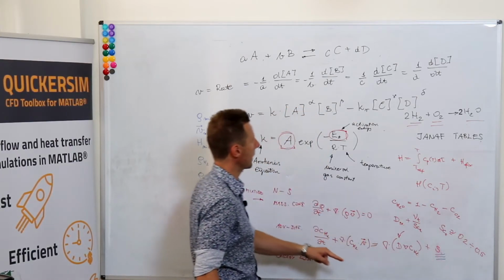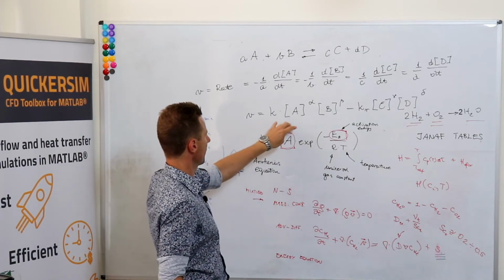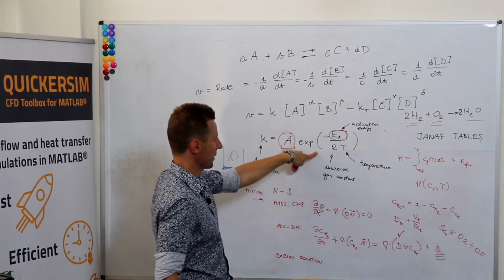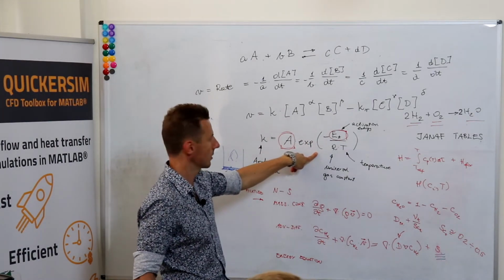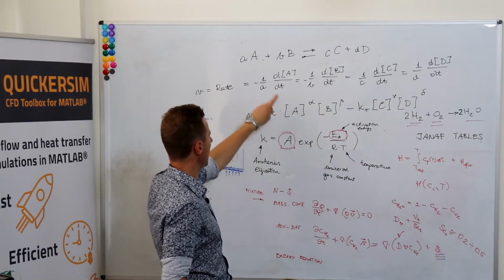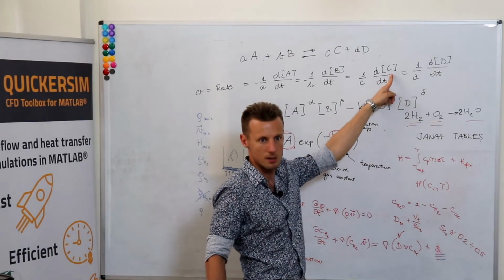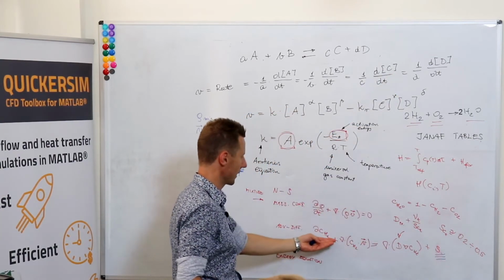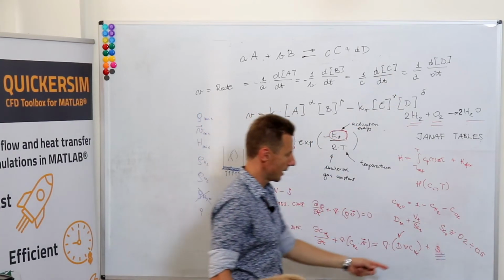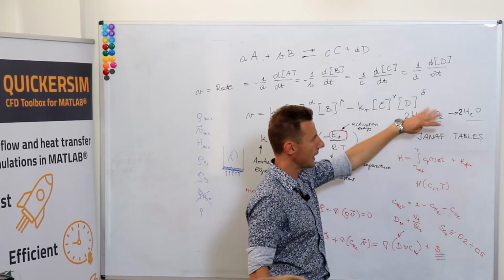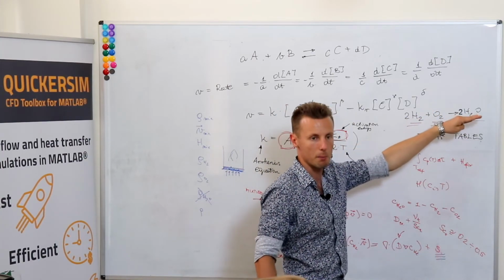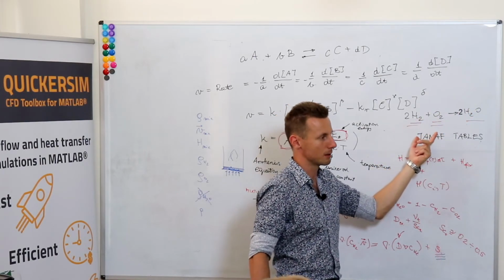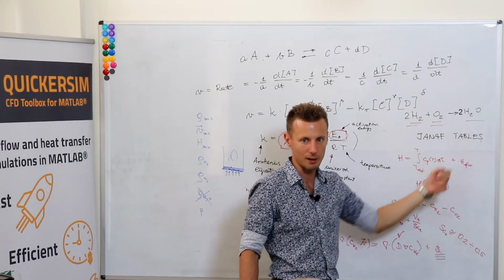This means that you're basically taking this reaction rate equation with this Arrhenius relation to calculate how much, let's say, H2 will be generated. But if you've got a couple of reactions, some of them might generate H2, some of them might be using H2 to generate something else.